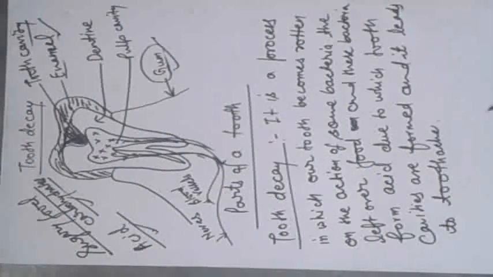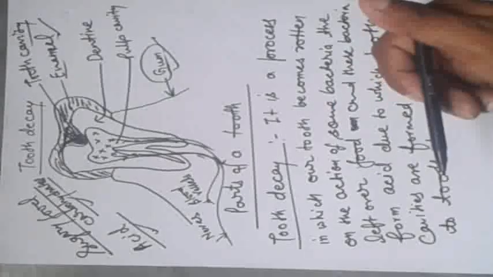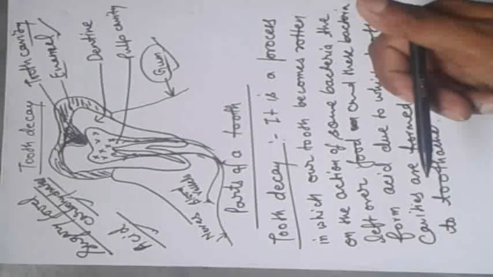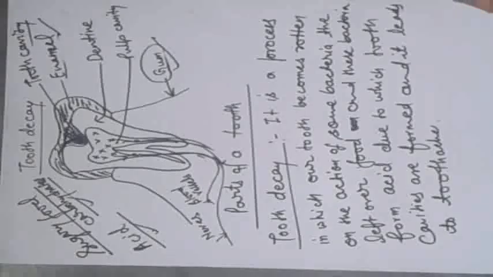In a simple way, we can also define it: a process in which our tooth becomes rotten and due to which tooth cavity is formed is called tooth decay. Okay?